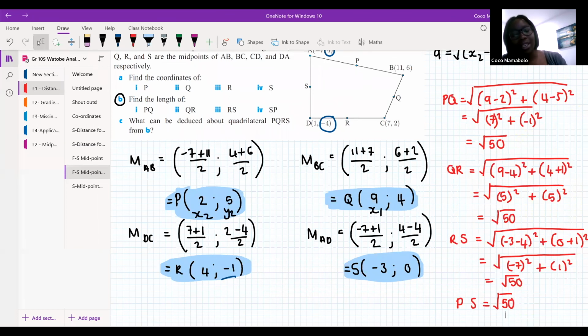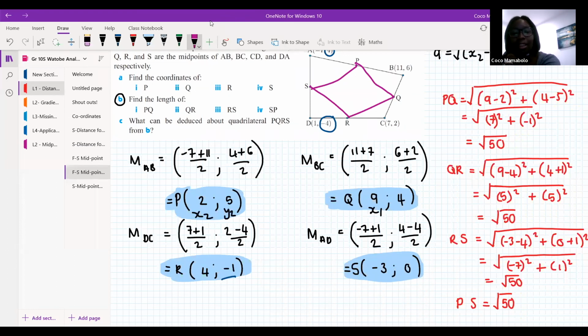Yes, I agree. I can't call them diagonals, because what they actually mean is that this distance is equal, and that distance is equal, and that distance is equal. So I don't particularly think that it's a quadrilateral, it's a square.